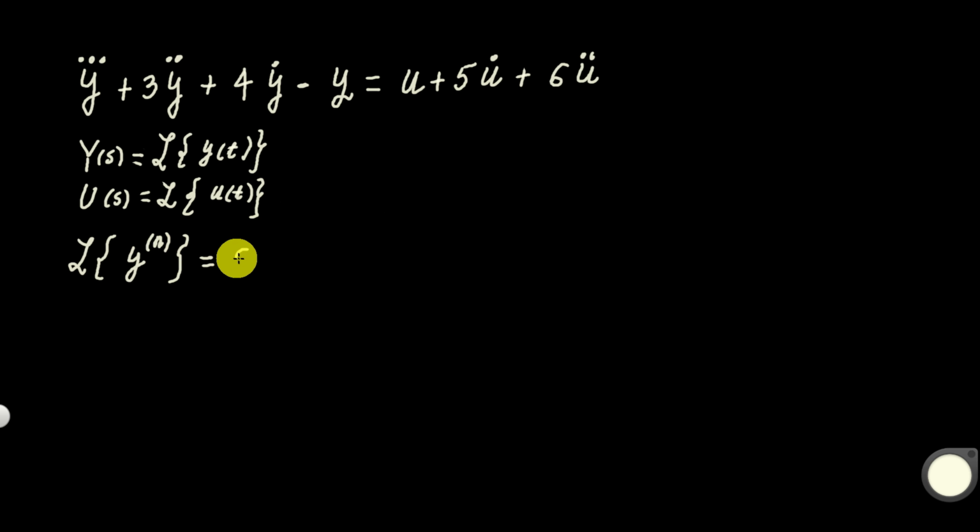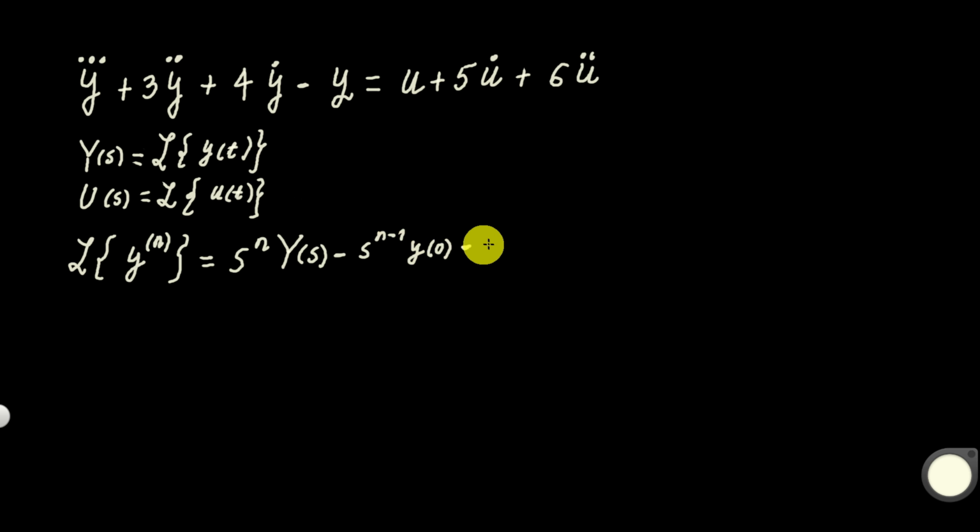It is equal to s to the n times the Laplace transform of the time domain signal Y of t, which is denoted like this, and then we have this residual part that depends on initial conditions. We have minus s to the power n minus 1 times Y of 0. Y of 0 is the time domain signal at the time instant 0, that is, this is the initial condition.